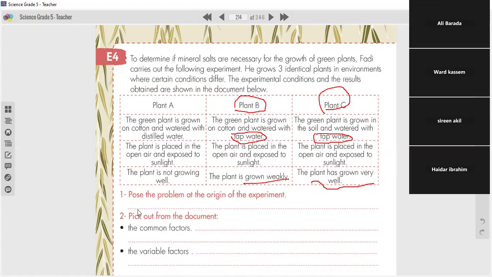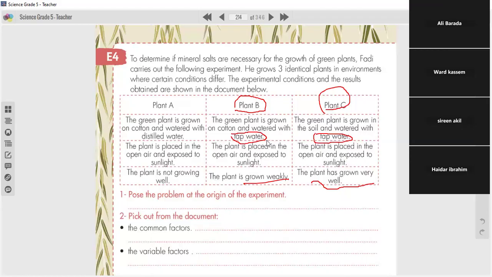Yes, Haidar. Do you want me to repeat the question? Okay, look, we have plant B and plant C. They are asking why plant C grows well, while plant B grows weakly.